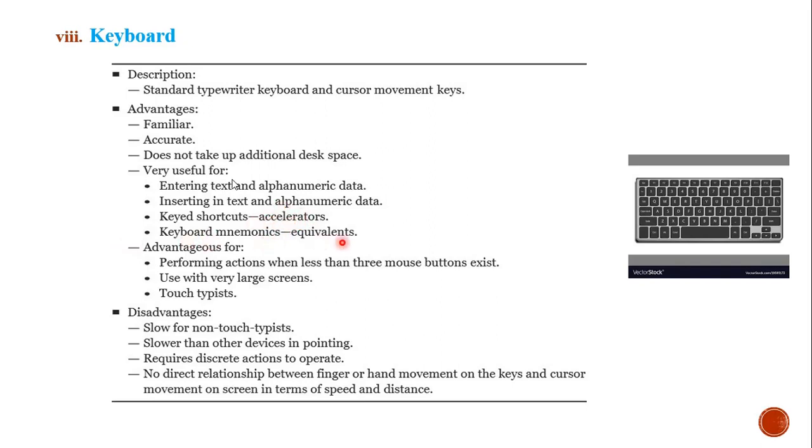Keyboard mnemonics and equivalents can also be used for interacting with the system. And it is advantageous for performing actions when fewer than 3 mouse buttons exist. If your mouse is not present, then also you can interact with the system using the keyboard.